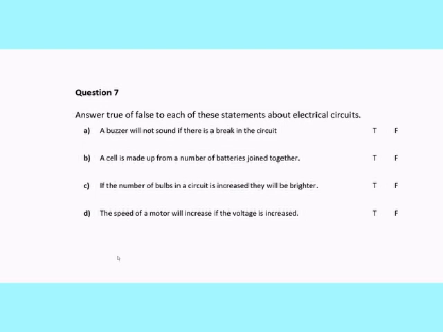C. If the number of bulbs in a circuit is increased, they will be brighter. True or false? D. The speed of a motor will increase if the voltage is increased. True or false? Pause the video and record your answer.